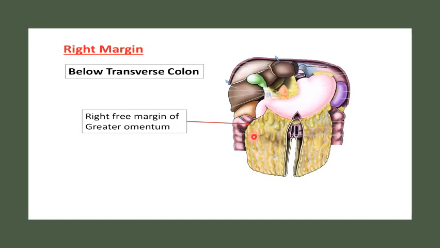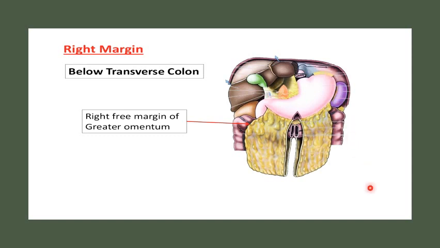Let us talk about the left margin. Left margin is this one. It corresponds to the left free margin of the greater omentum. Here the left margin is formed by the space in between the gastrosplenic and lienorenal ligaments, and much above this, the yellow ligament you are looking at is the gastrophrenic ligament.